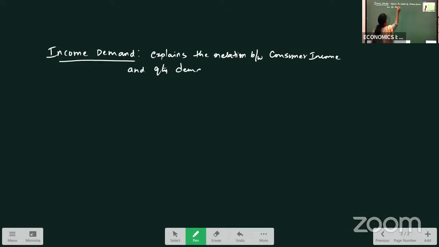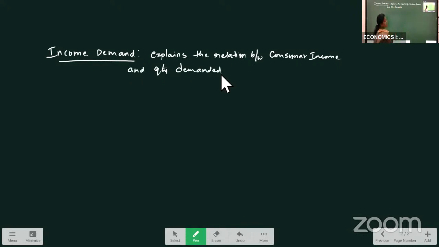The next concept we have is income demand. So what is income demand? Income demand explains the relation between consumer income and quantity demanded.